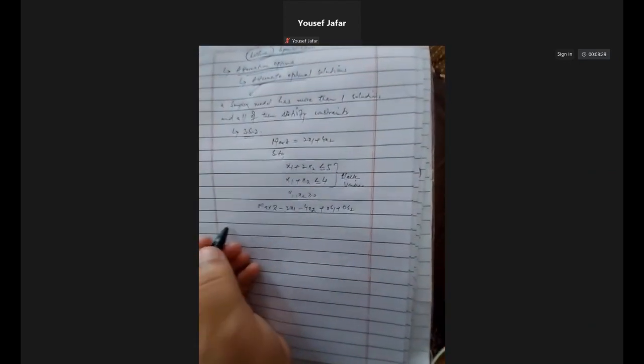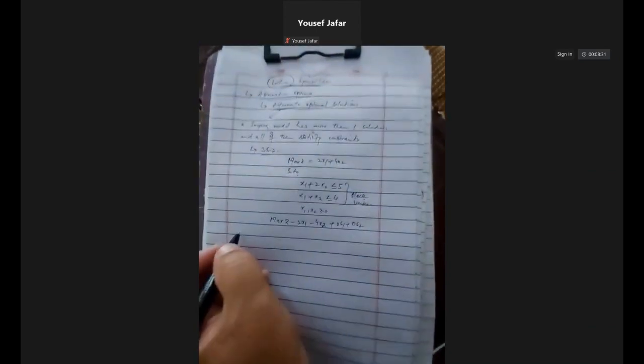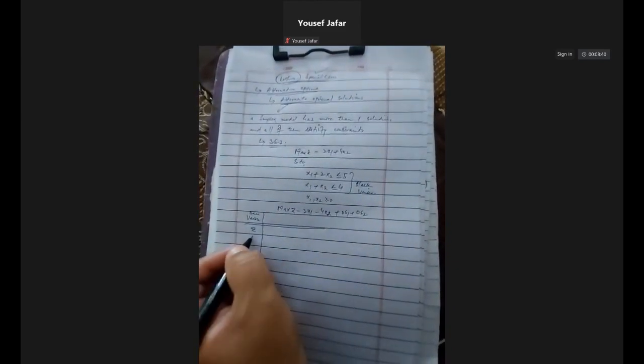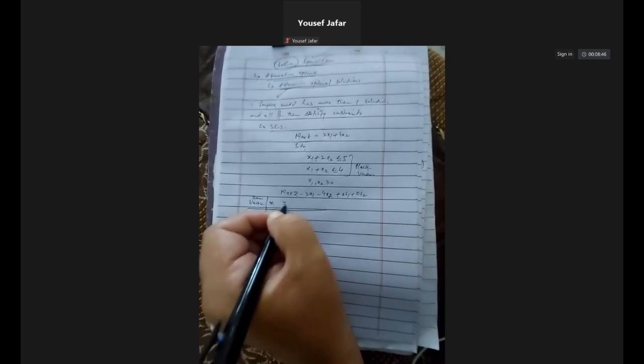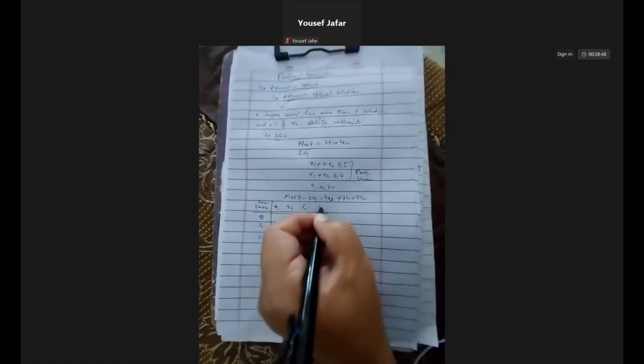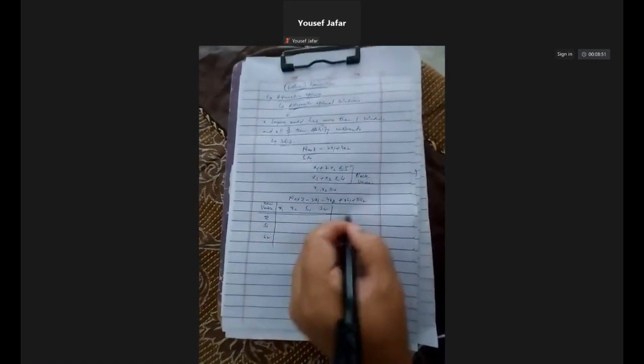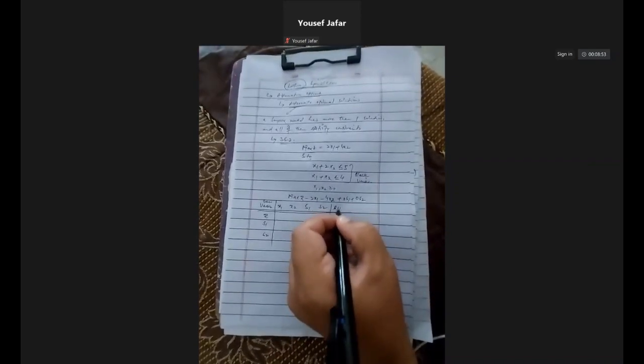So the first table will have the basic variables z, s1 and s2, and the columns x1, x2, s1, s2 and the right hand side.